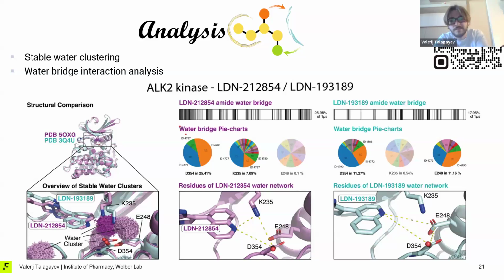So we could see that the reason was mainly these water clusters on the left part, and the waters in them interacted for the more potent compound with all three residues, whereas for the other one they interacted with only two residues. We also saw that for the middle one, the more potent compound, the interaction frequency was higher: around 26% of the frames of the MD simulation, whereas for the other one it was only 18%.